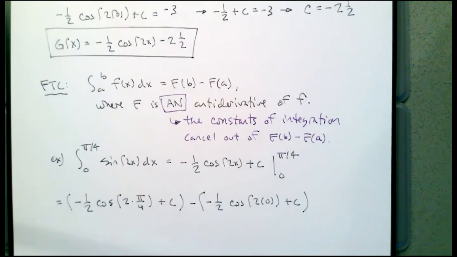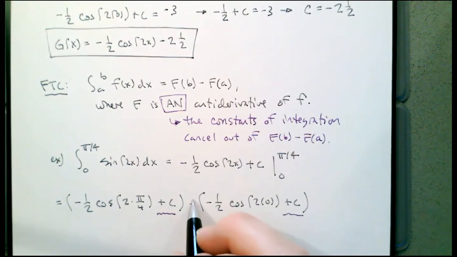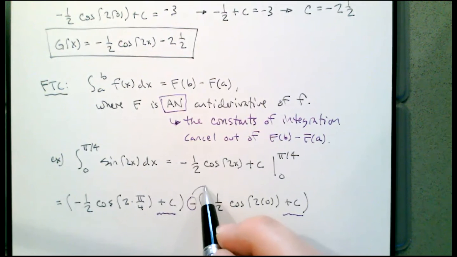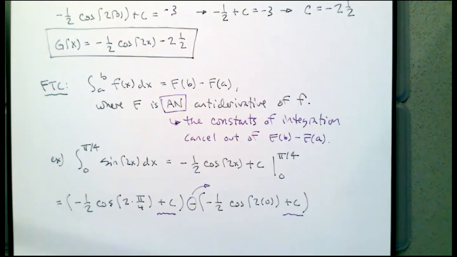The c's cancel out. So it doesn't matter which antiderivative we use when we're calculating a definite integral, because we're doing capital F at b minus capital F at a. Whatever constant was there will just get canceled out.